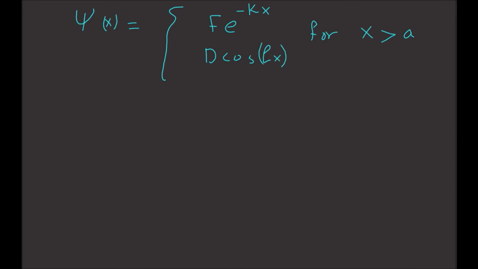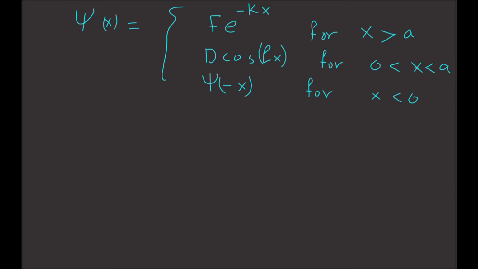This is for x between 0 and a, and for the rest we have psi of minus x for x less than 0. If you look at the regions where x is less than 0 and take this psi function and put a negative for x, it's going to generate the same solutions. But doing this cuts our problem in half.